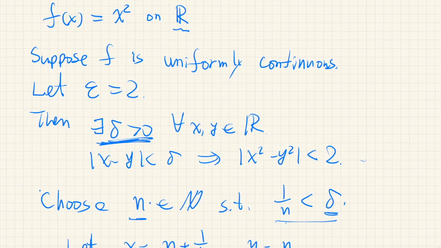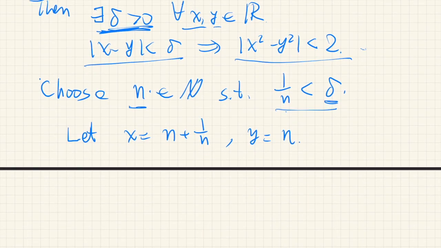If this function is uniformly continuous, for any x and y, as long as this holds, then this should hold, right? So we can choose any x and y, whatever we like. So we choose x as this and y as this. Now, the difference between x and y is equal to, so if we subtract this from this, what we get is 1 over n, which is less than delta.